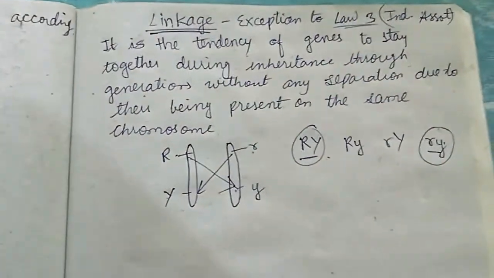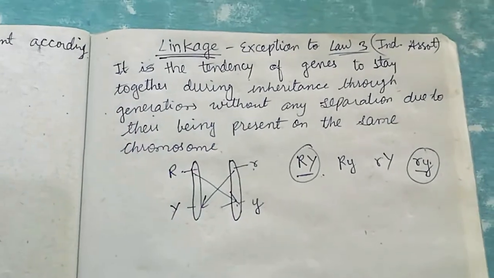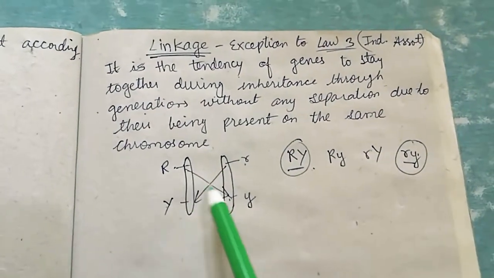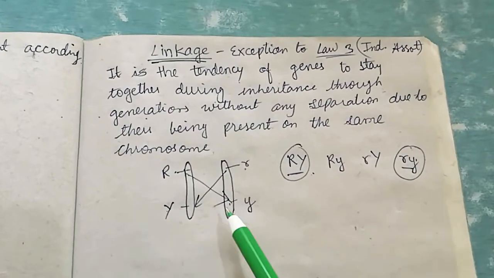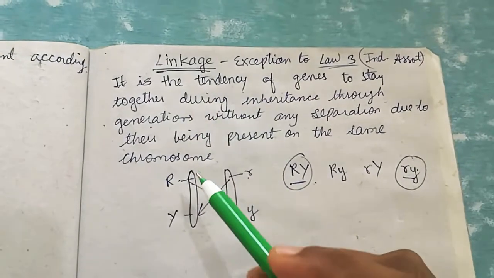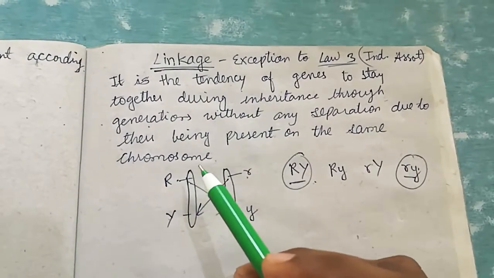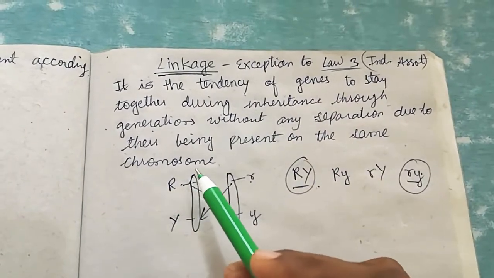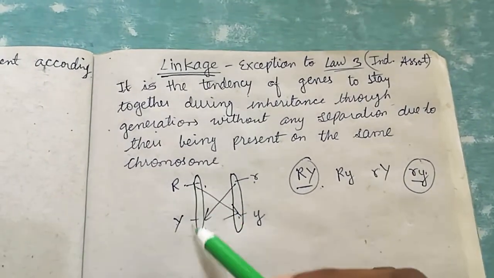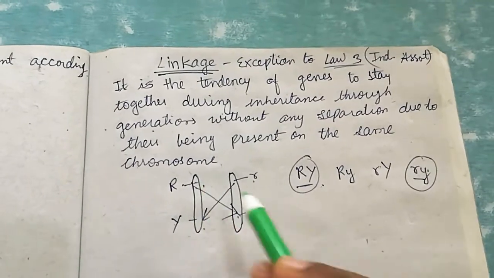So in meiosis 1, chiasmata formation and crossing over of genetic material takes place. But in linkage, because the genes are present on the same chromosome, they are not separating out.